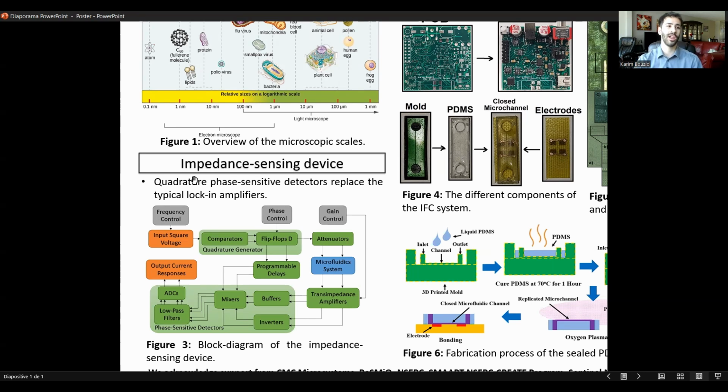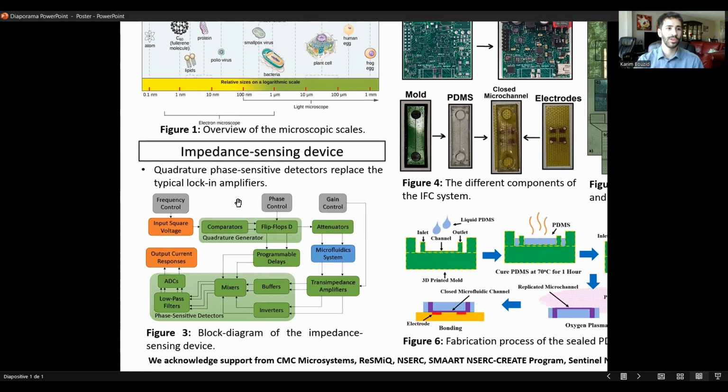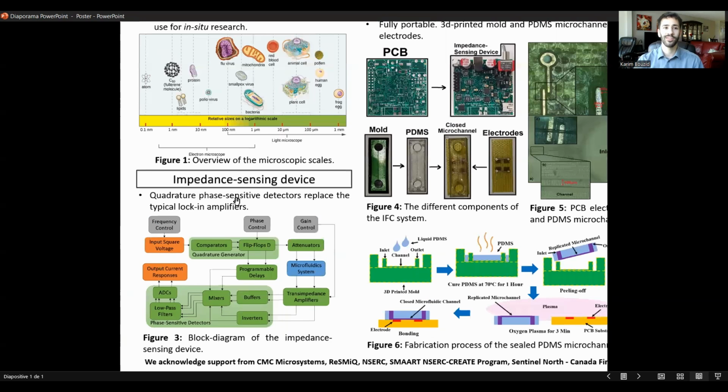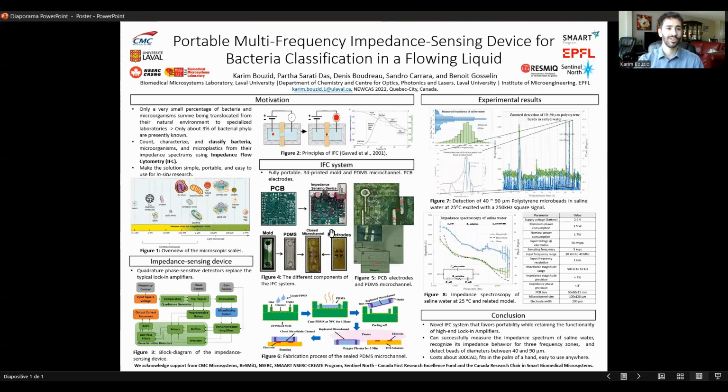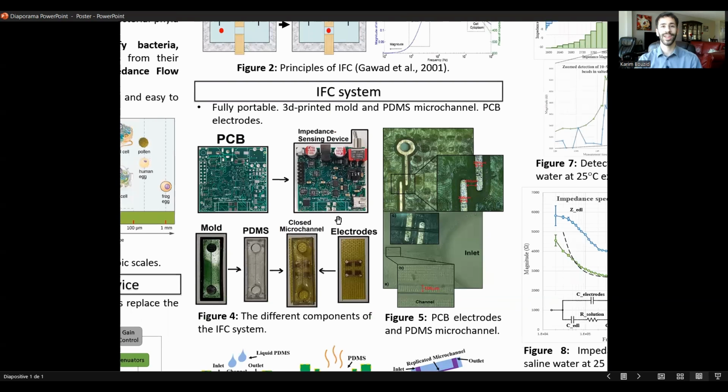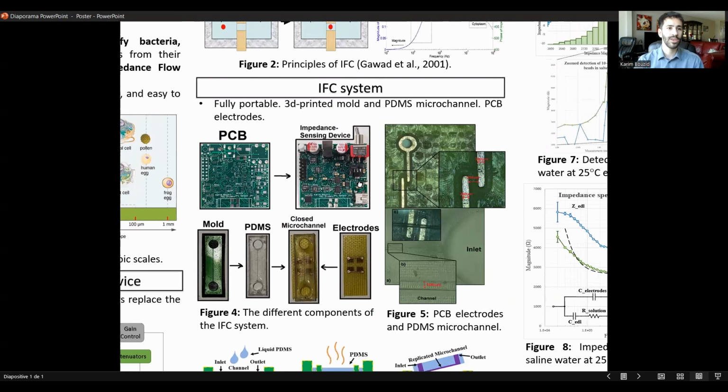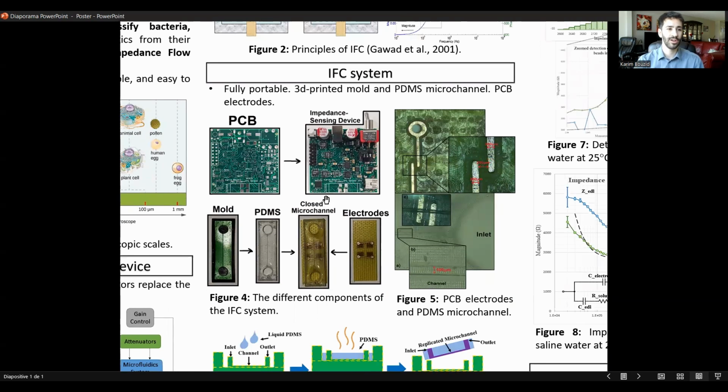And that reduces the power consumption of the device a lot, while giving pretty similar performance. So it's a good way to make a portable device that uses less power.